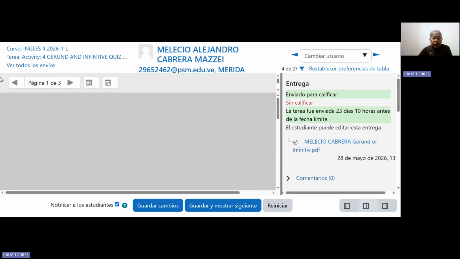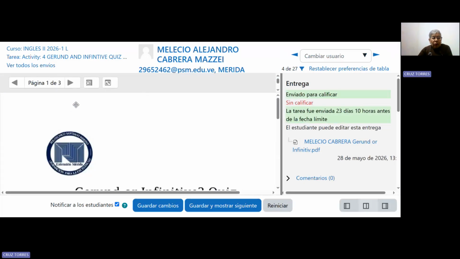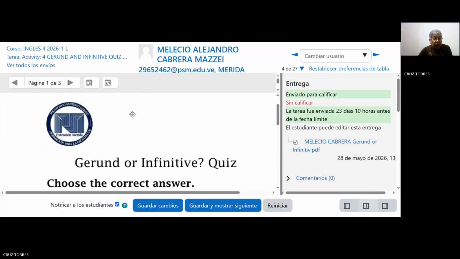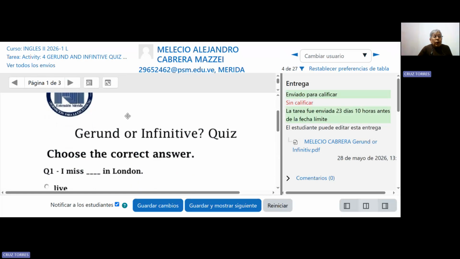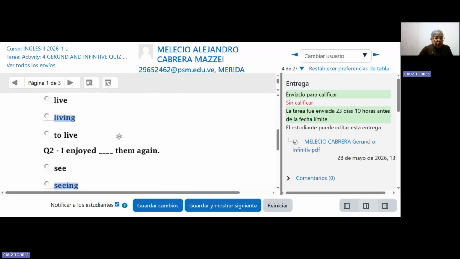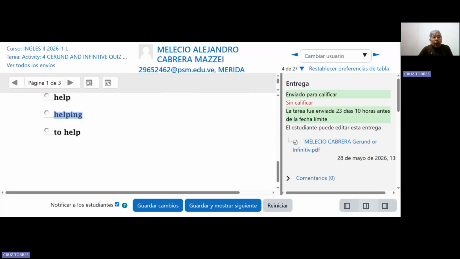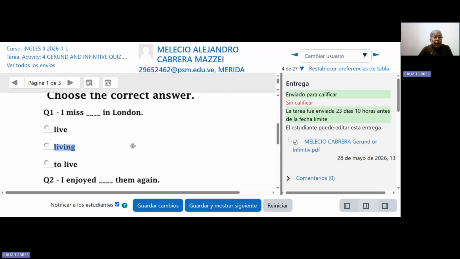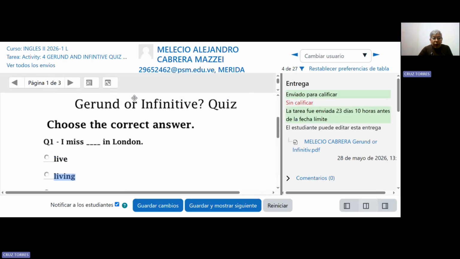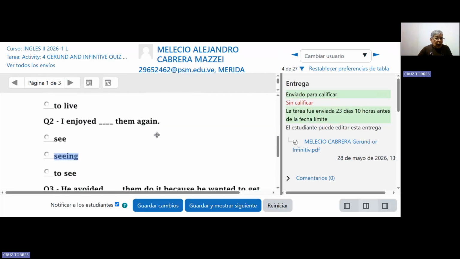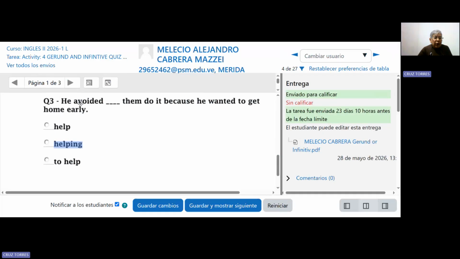Download the activity that is in PDF, change it to Word, and when you do the activity as Melesio has done, you can change it again to PDF. So I can see it here and correct it. Okay? Look, he has done very well.